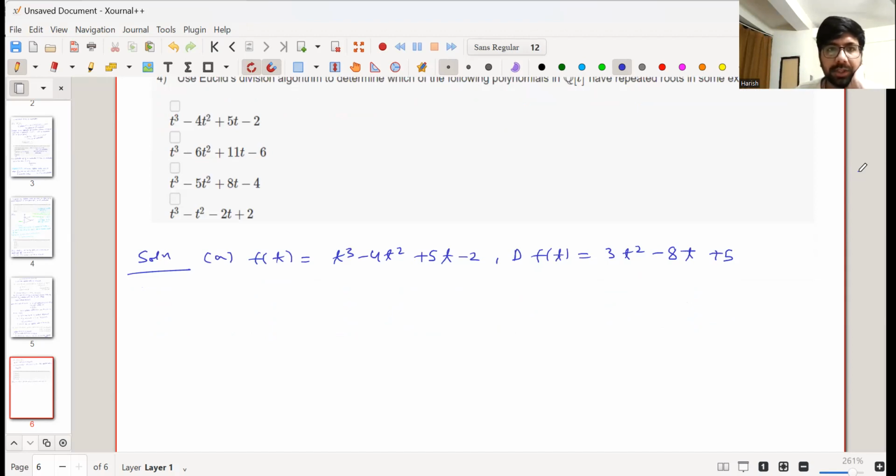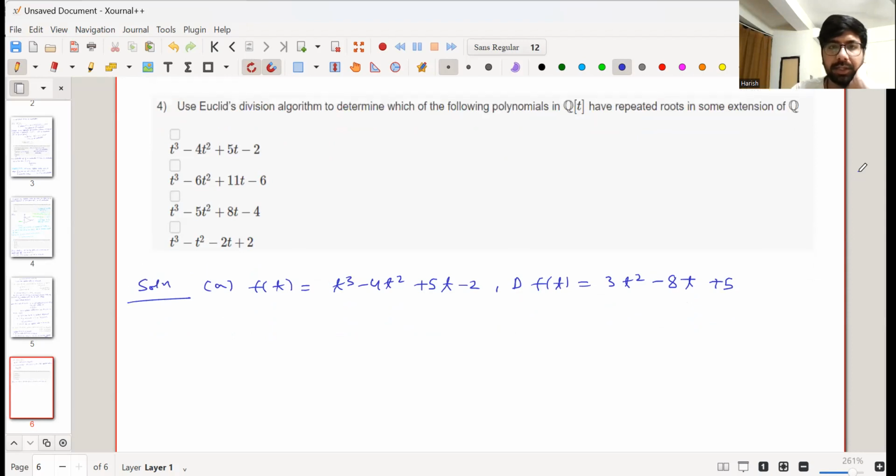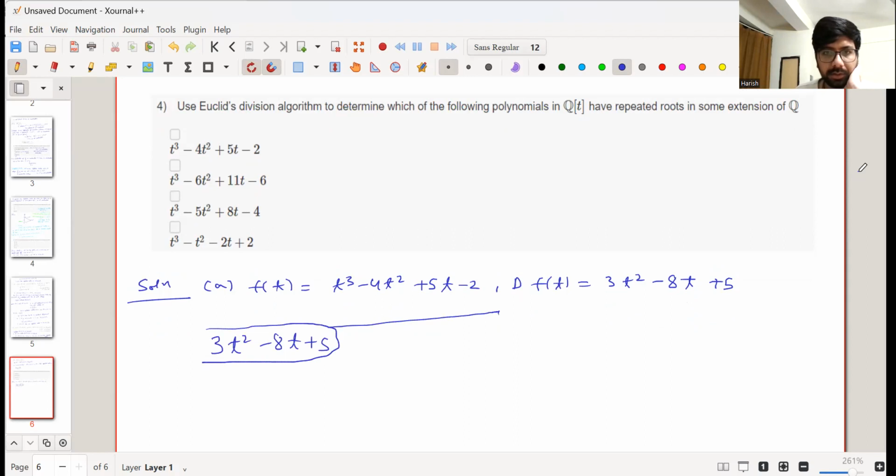We have to use Euclid's division algorithm, means we have to divide this polynomial by d f(t). So 3t^2 minus 8t + 5, you have to do the division of t^3 minus 4t^2 + 5t minus 2. The division as polynomials.